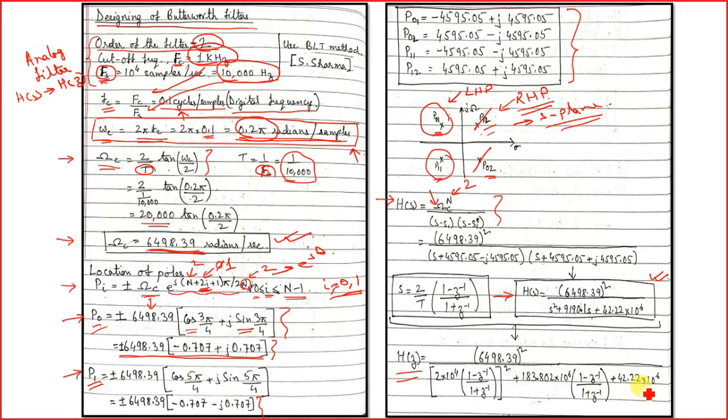Okay, this one. So T we already have calculated from here. It is 1 by 10,000, and accordingly you start working. Okay. So this is the first type of question which you may get, where you have been provided with the order of the filter. Okay.